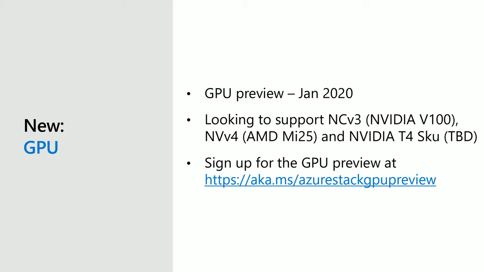We're looking to support the NCV3 series, so that's the NVIDIA V100s, the AMD MI25s, which is the NVV4 series that's on Azure, and a to-be-determined NVIDIA T4 SKU. This is slated to be available January 2020. If you are interested in trying the GPU preview, please sign up on that AKMS link. If you have customers who are interested, we'd love to hear from you.